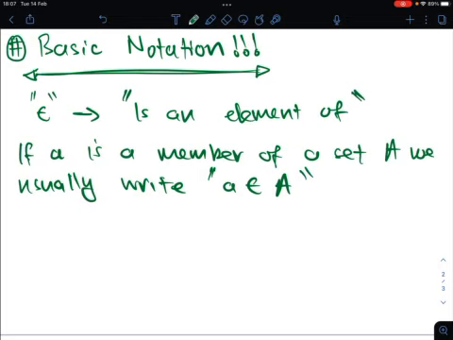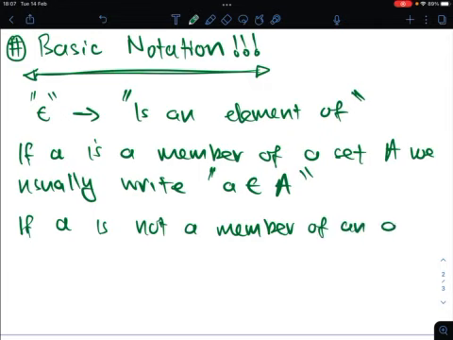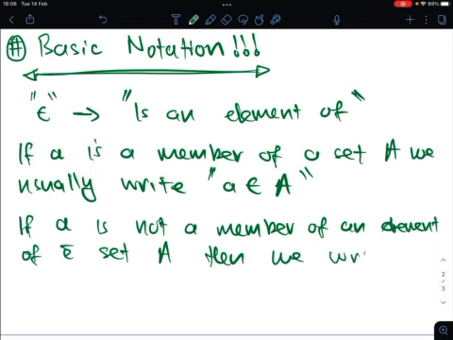But if a is not a member or an element of the set A, then we write a is not an element of A, where now we use the same E, but with a slash on top of it.